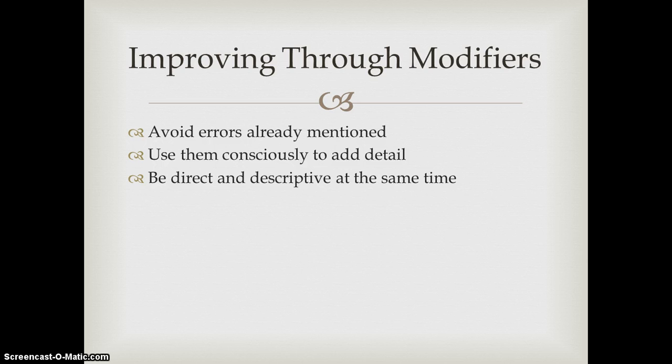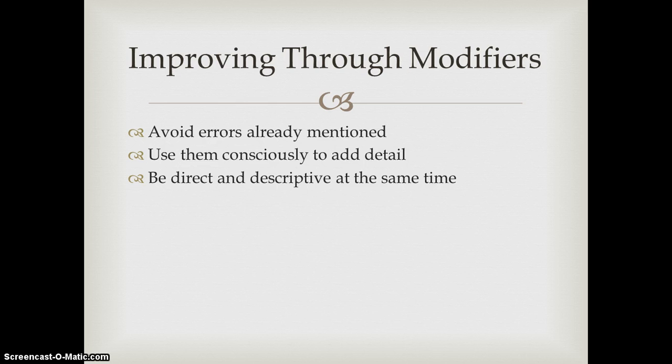In academic writing, you tend to need to be just very direct, spit out the information and get on with it. But description is good too. So use it consciously, use it purposefully, and be very aware. Again, always be aware of what you're writing. That's why writing is so hard and so important.